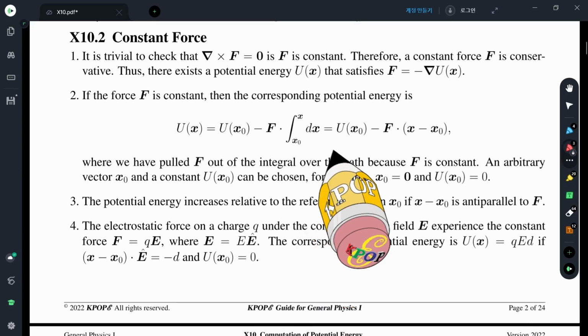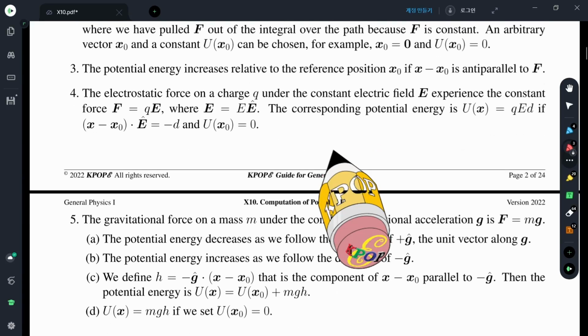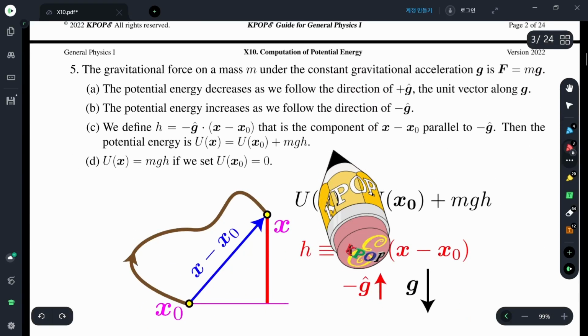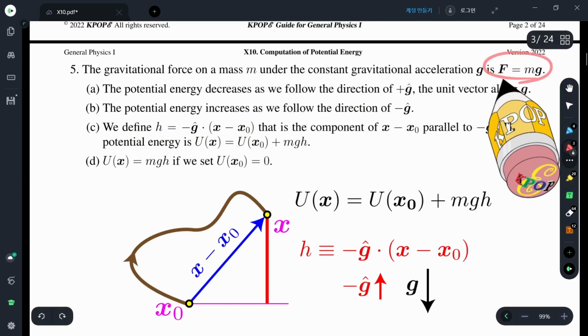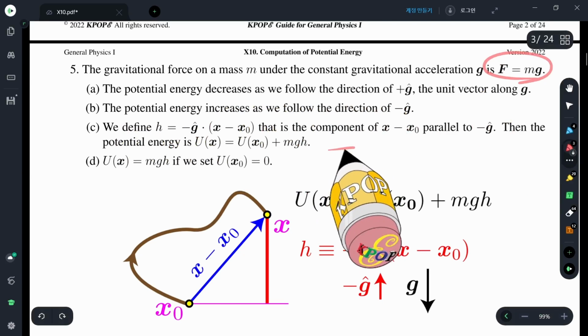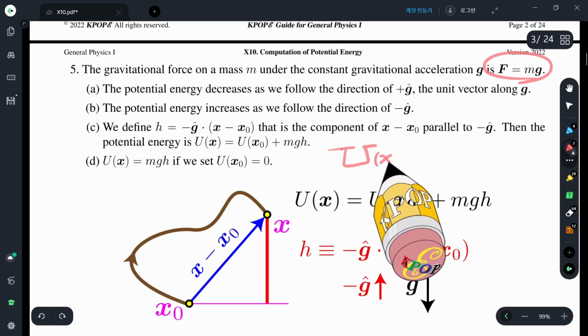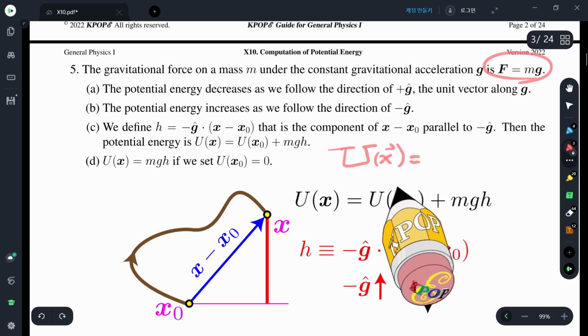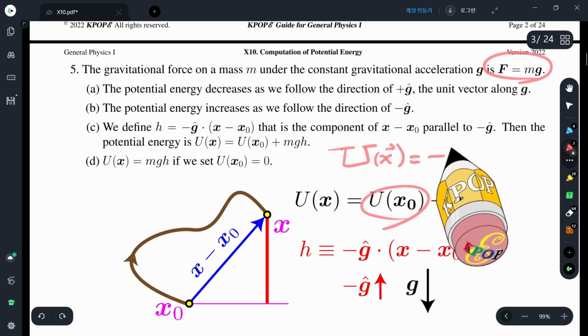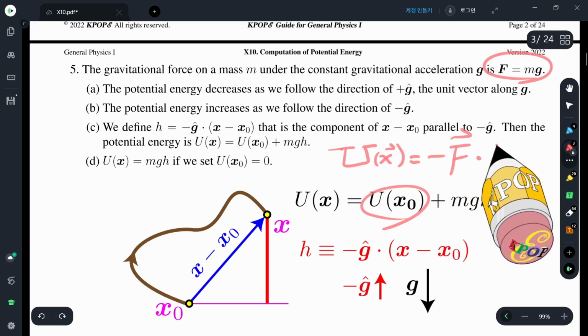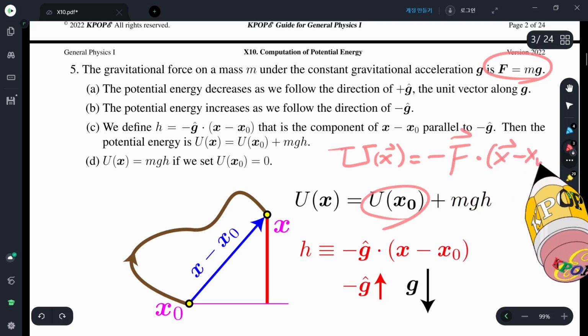So let's go ahead. This is still the constant gravitational force. So we have found u of x, up to a constant, is minus F dot (x minus x0).